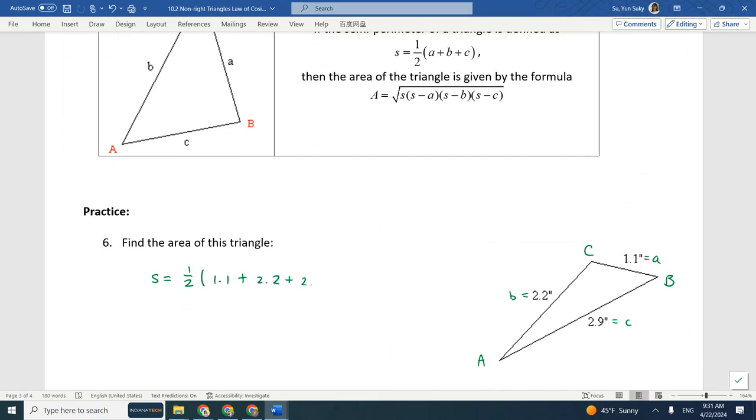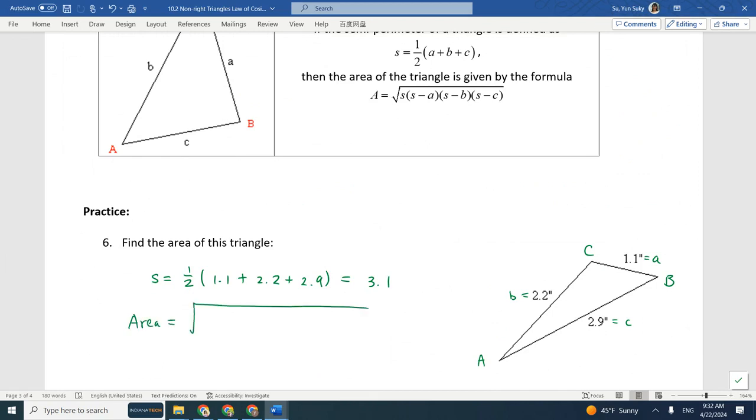C is 2.9. Okay, put this in your calculator. What do you get? 3.1. Right, everybody? So we plug in 1/2 times A plus B plus C. Do you get 3.1? Yes, everybody?